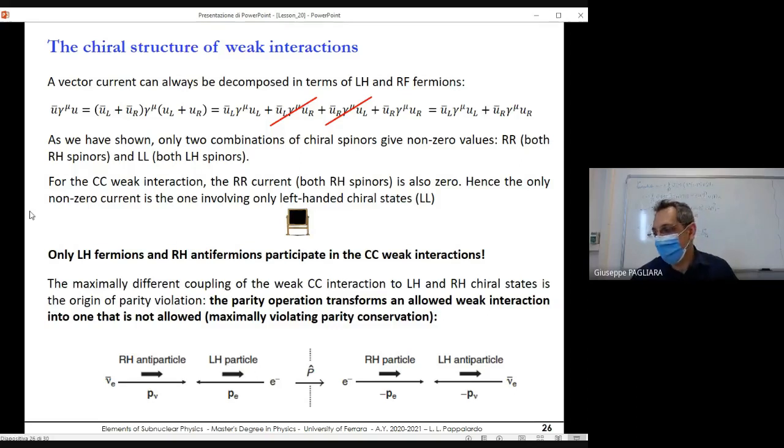And this is also the sense of the maximal violation of parity. Suppose we have this process where a right-handed antifermion is interacting with a left-handed fermion. This is allowed. You apply parity, you get a process where now we have a right-handed particle interacting with a left-handed antiparticle, and it is forbidden. So in this sense, parity is maximally violated in weak interactions.